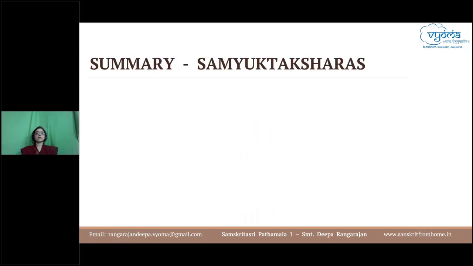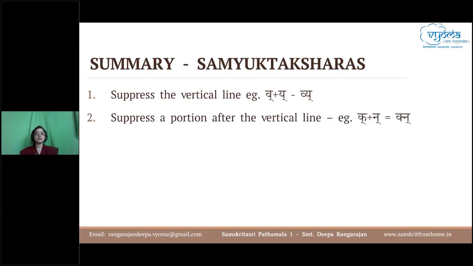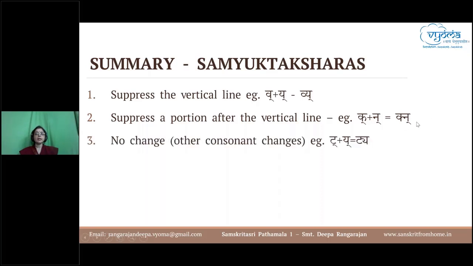So let us summarize these guidelines which we have seen for SamuktAksharAs one more time. The first set has a vertical line, for which, if it appears as the first consonant, the vertical line is suppressed. Second is when there are strokes on either side, you suppress a portion on the right hand side to show that it is a pure consonant. So k plus n, kn. Next, the consonants of the third category do not undergo any change in most cases; they remain intact.